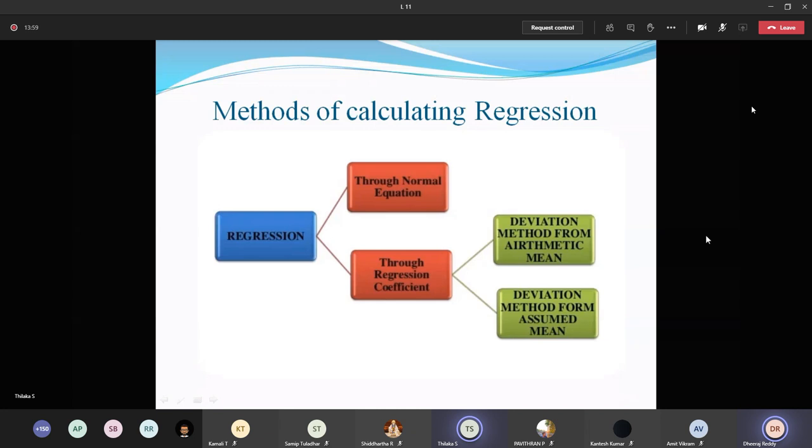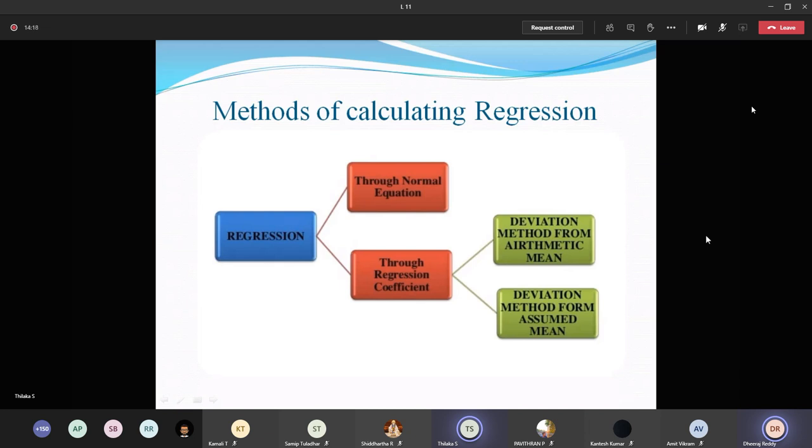This regression coefficient estimates the unknown population parameters. That is, we calculate the means, standard deviation, and all those things from the population or from the samples.